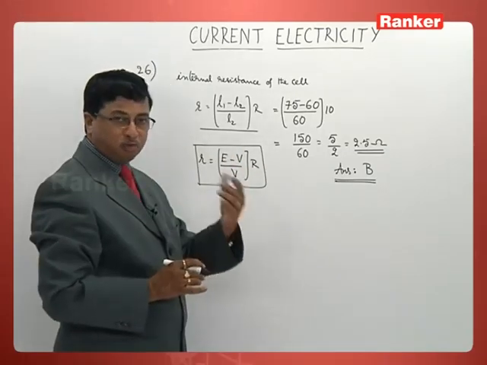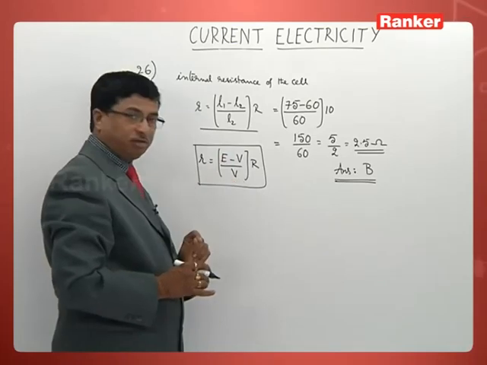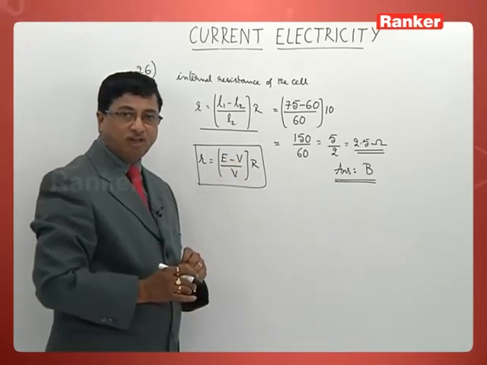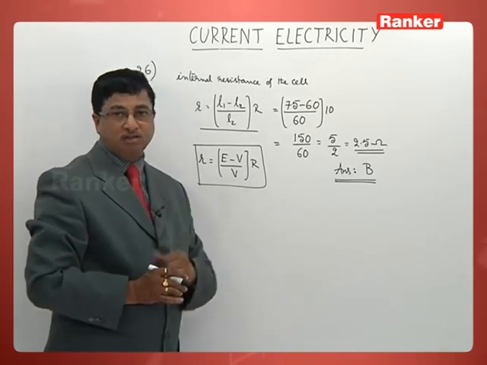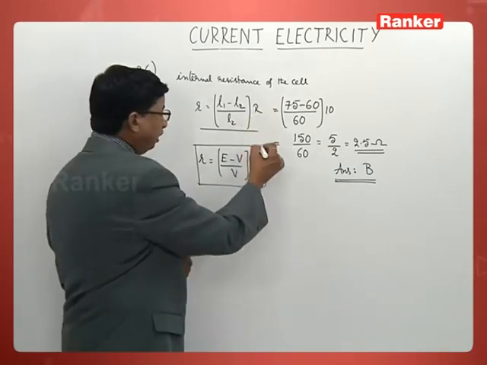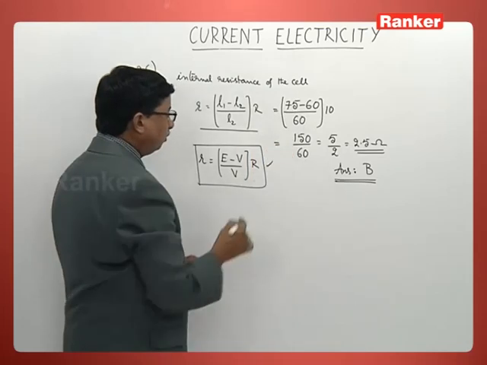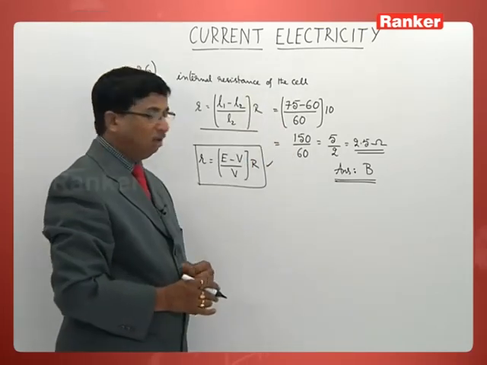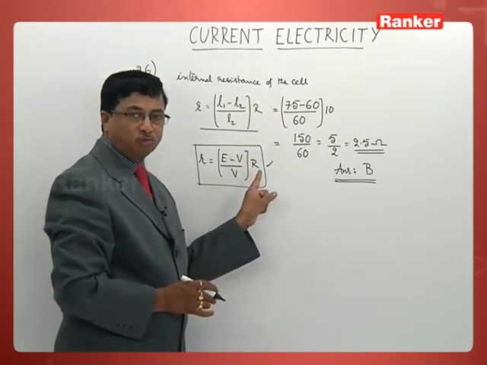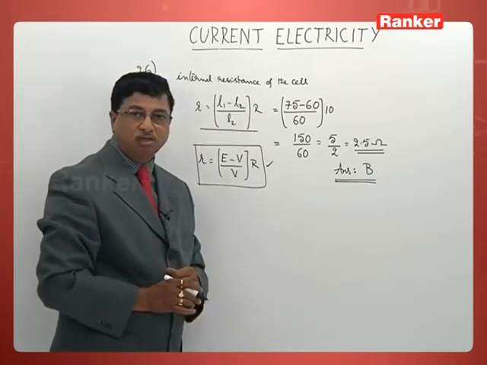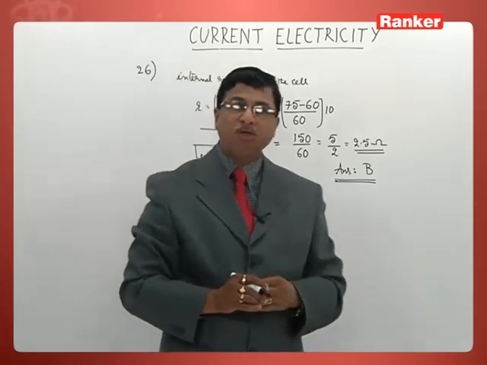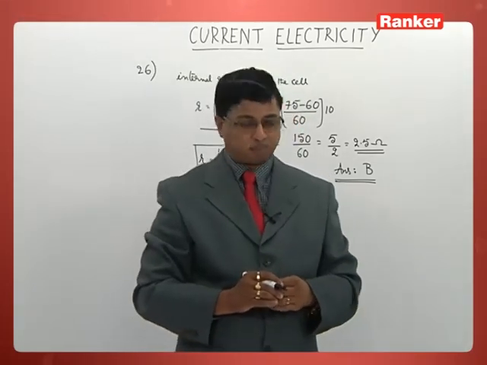This formula can be used when EMF, terminal voltage of the cell, and the external resistance are given separately. But in this particular model, this is not going to be useful, and thereby we are taking up the second formula here. So this is problem number 26 for us.